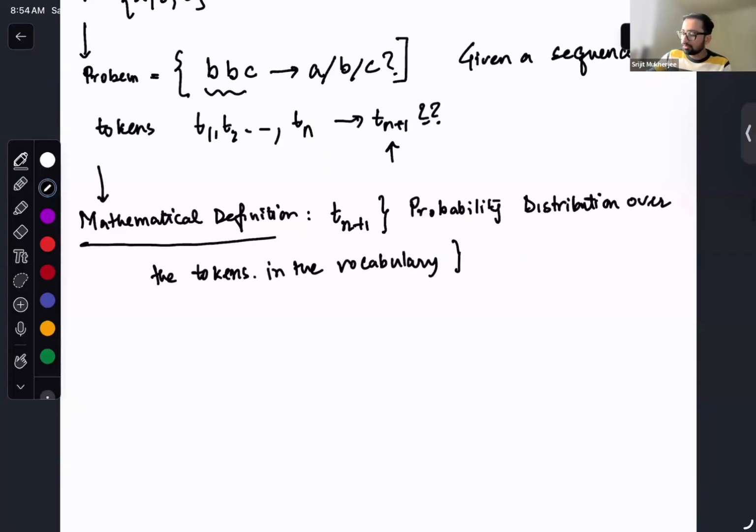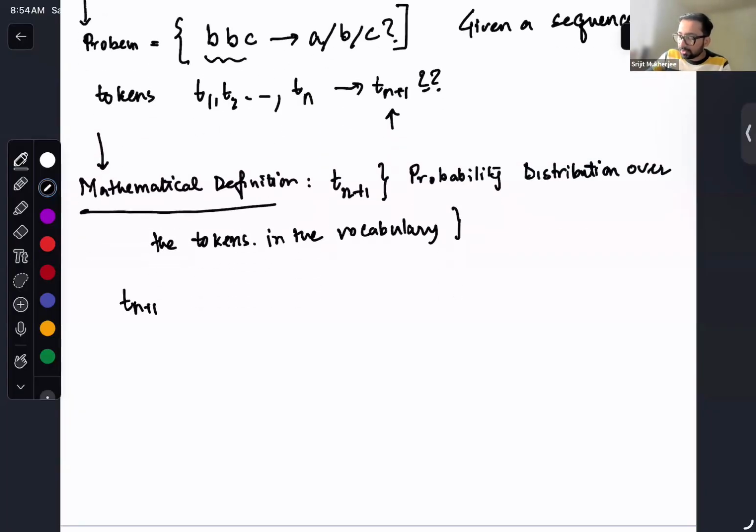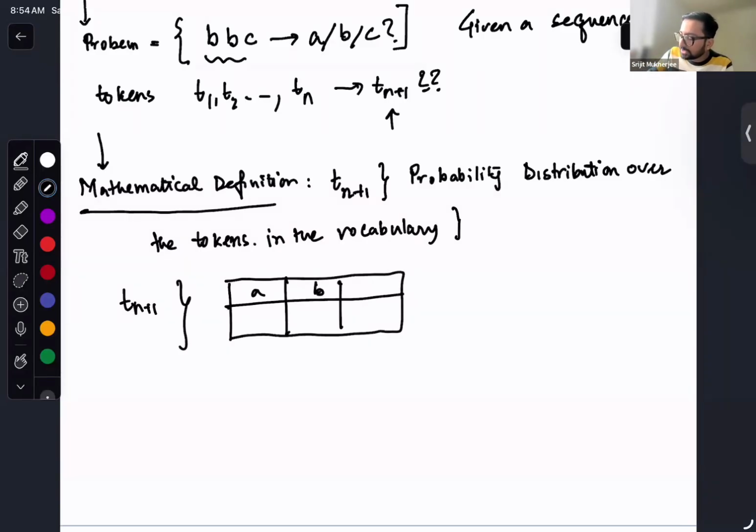It's not a single value, but it should look like a probability distribution. If you remember this diagram, you have A, B, C on the top, and below we have the probability of A, the probability of B, and the probability of C, which we don't know.